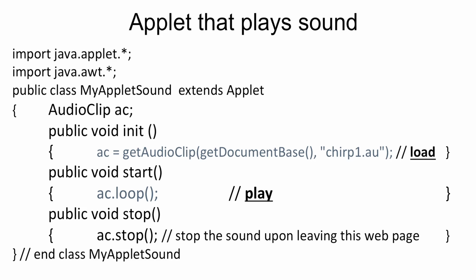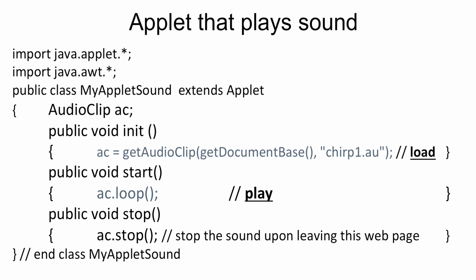By this line, using getDocumentBase, we are loading this audio file, and the reference of the loaded audio file is in the ac object, which is an object of AudioClip. So the getAudioClip method is very important here. The other method is public void start, and inside start we have ac.loop, and this ac.loop will play that audio clip.